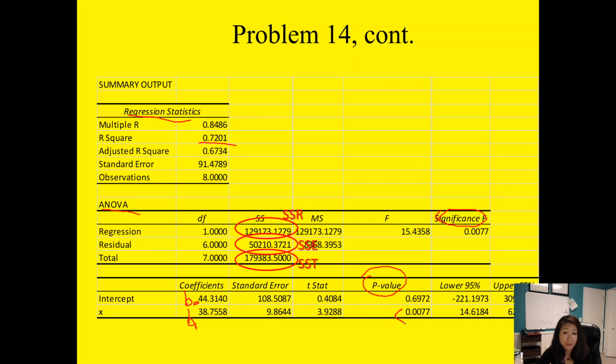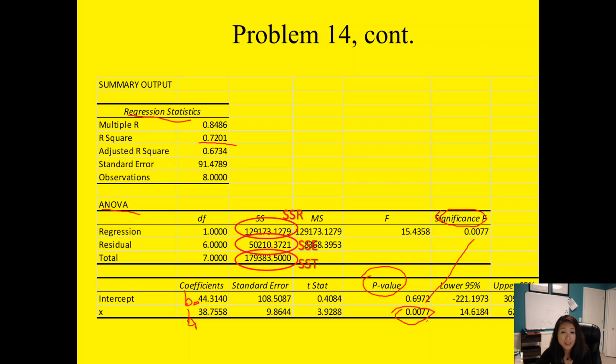That's why, in order to do the hypothesis testing, the t-test, you should use the value in the second row in the p-value column. So this is 0.0077. Does this number look familiar to you? Of course, because that's exactly the same number you saw for the F test. So go back to think about what I said: F and t-test are actually the same test when we look at a simple linear regression model.